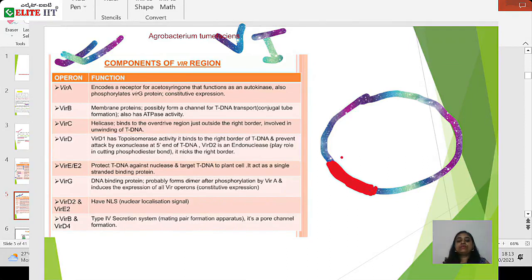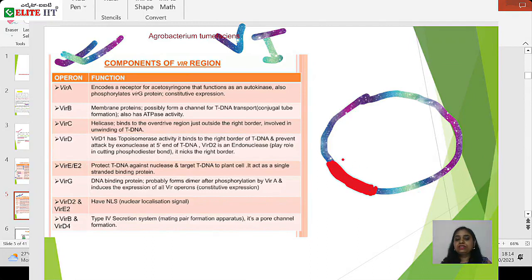Vir genes means virA, B, C, D. D may be one, D1, D2. Now E1, E2, virG, B, B already I told you. So A, B, C, D, E, G. Different types of vir genes are there which are participating in different processes.